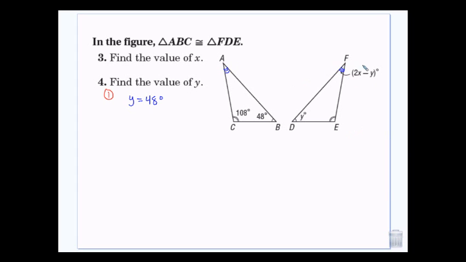Now I need to know what to set this equal to. So I have to find A, don't I, to know what that number is? So I have to find angle A, which is 180 minus 108 minus 48. Okay, so 180 minus 108 is 92.